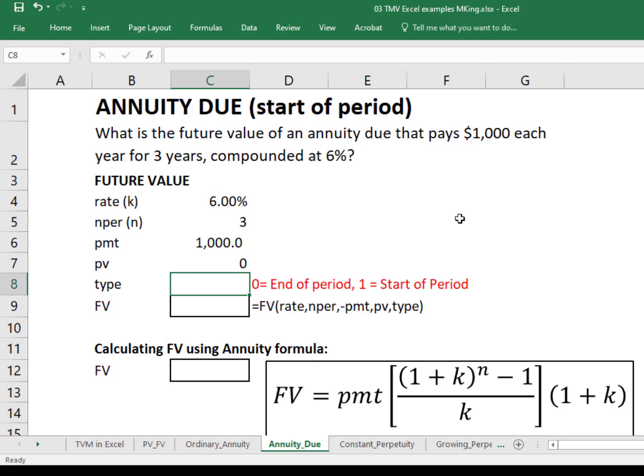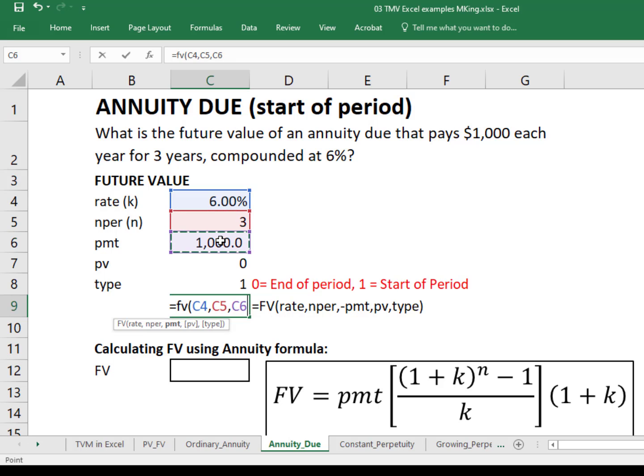So the present value is going to be 0. And here, critically, we have to put the number 1 so that Excel knows that this is a start of period. Equals future value, entering the different inputs in their correct order for this function, and hit enter.